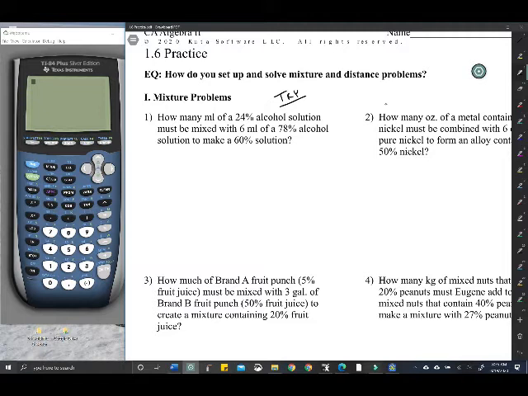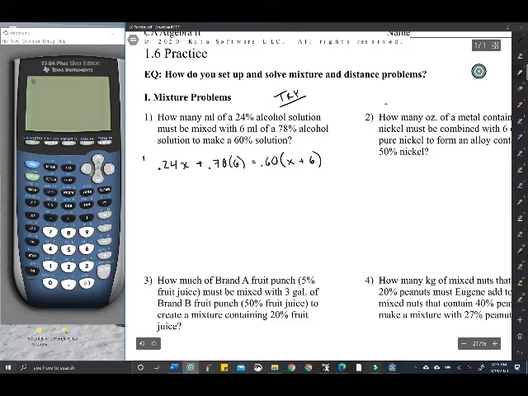So again, think of it as a balance. On the left, we're going to have 0.24 of some quantity plus 0.78 of 6 milliliters, and that's going to need to equal 0.60 of our new quantity plus 6.